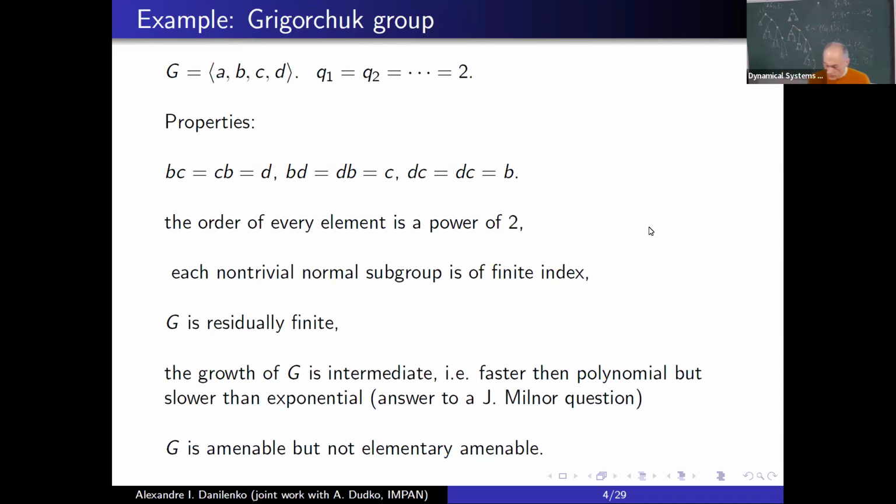From observing that if a group has a polynomial growth, then it is virtually important. No, it's polynomial.